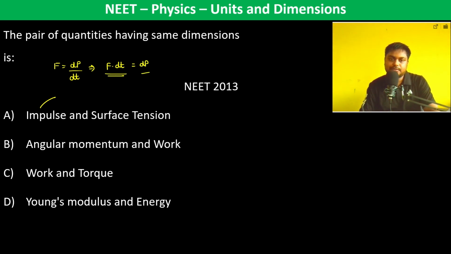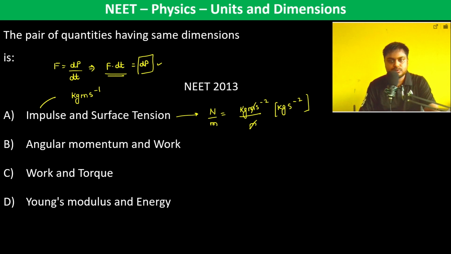So this has the same dimension as that of dp, which is kg m s minus 1. Now the surface tension is Newton per meter, which is kg m s minus 2 divided by m. So this becomes kg s minus 2. So no, they are not having the same dimensions.